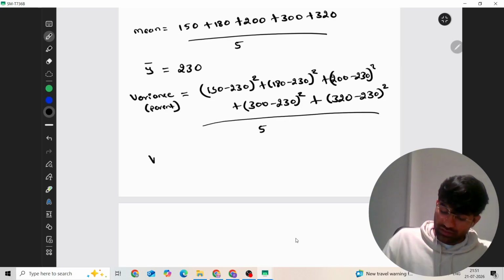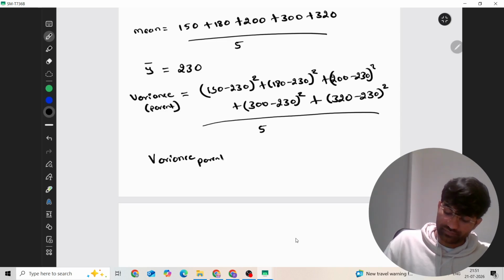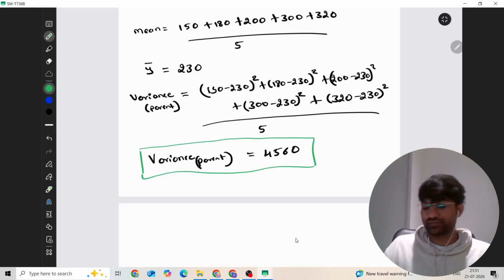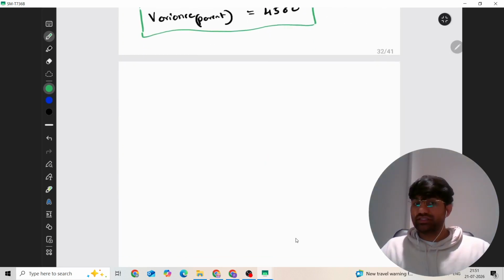The variance of the parent is equal to 4560. If you make the calculation, the value will be 4560.